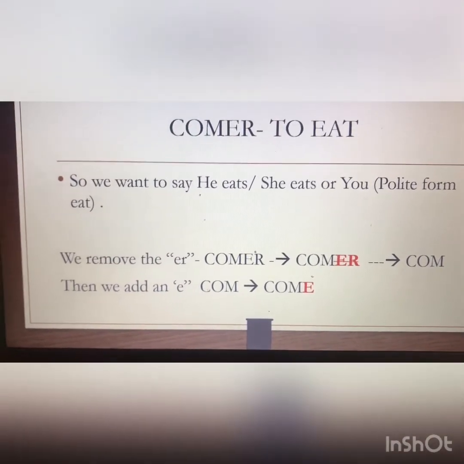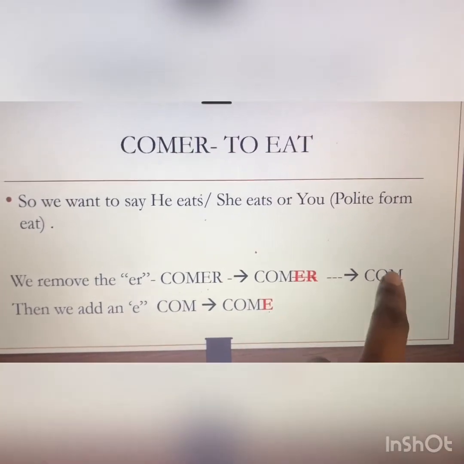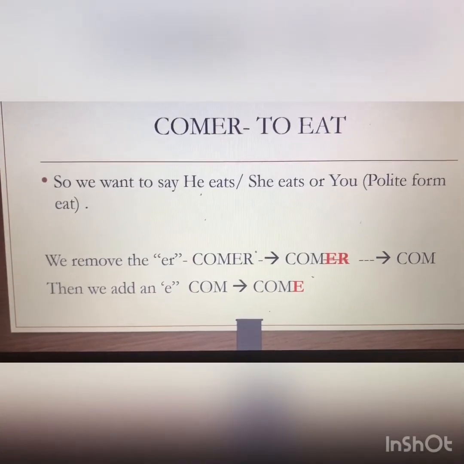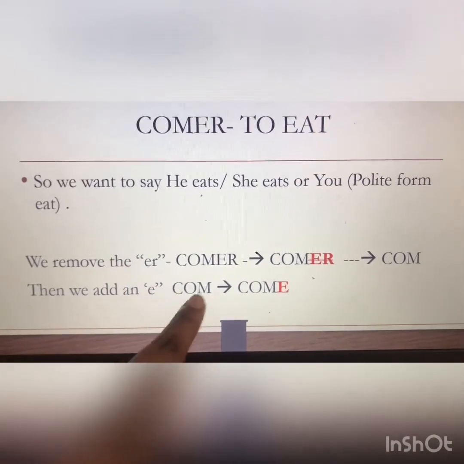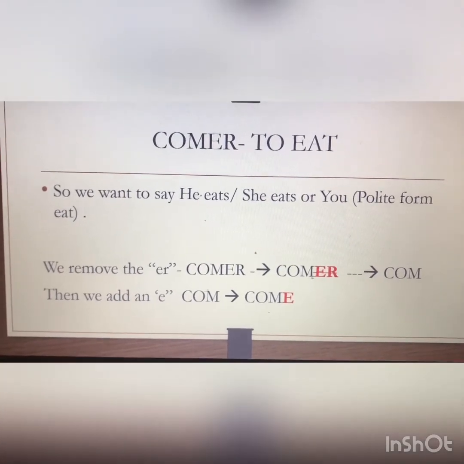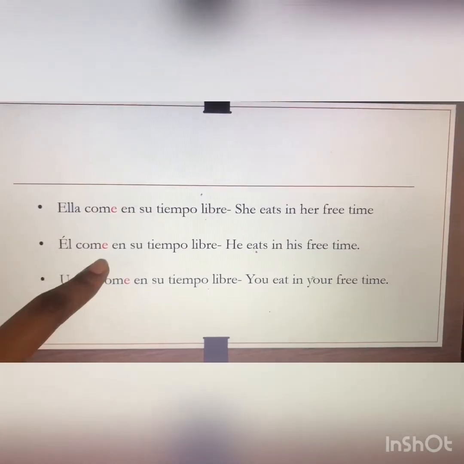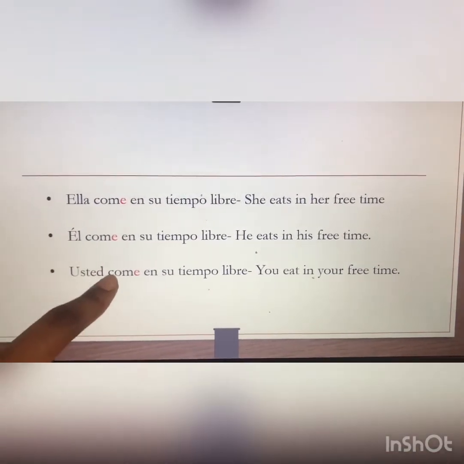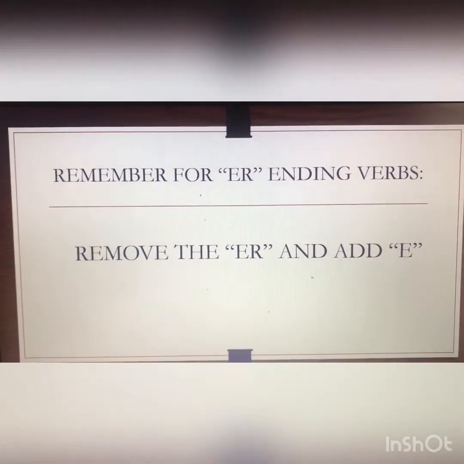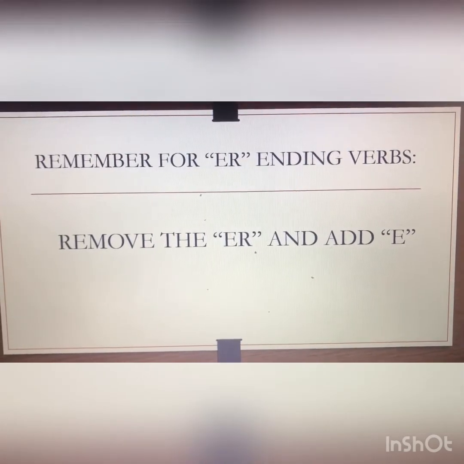So when we take off the ER from comer, we get COM. And then step 2 says that we should add an E. So when we add the E, we get come. So the sentences would look like this. Ella come, él come, and usted come. Alright? So remember, for the ER ending verbs, you just take off the ER and then you add an E.